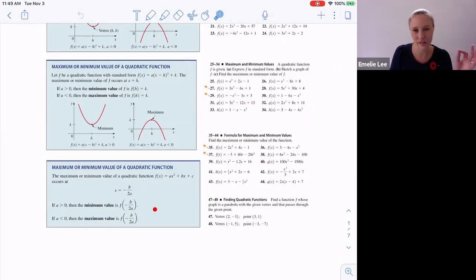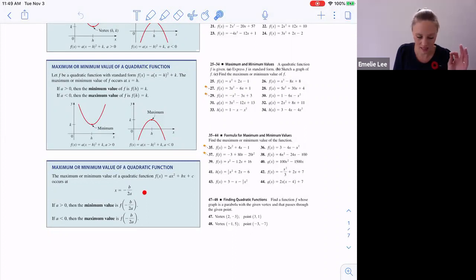If, this is a big if, you went through and used the general form of a quadratic equation, and you completed the square and you did all that work and you wrote it in standard form, then you would know that h is -b over 2a. Okay, that's not obvious, it's not something that we're going to do, but that's what it would be.